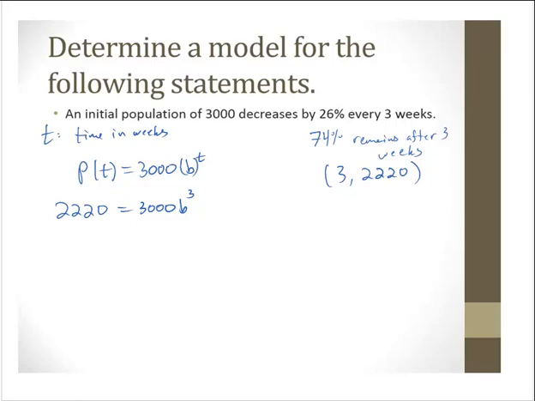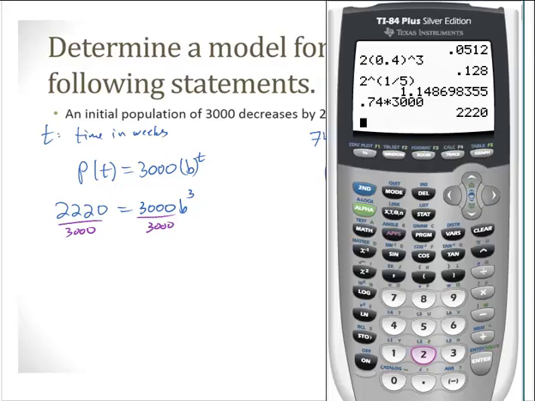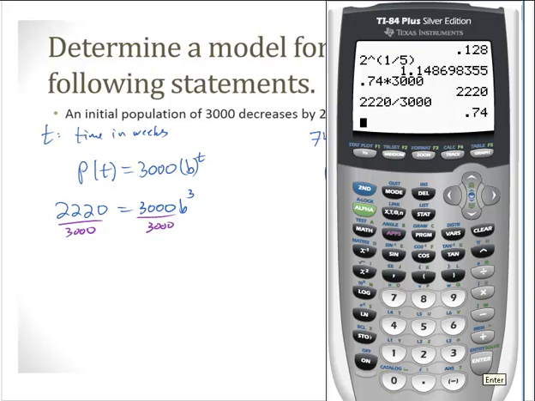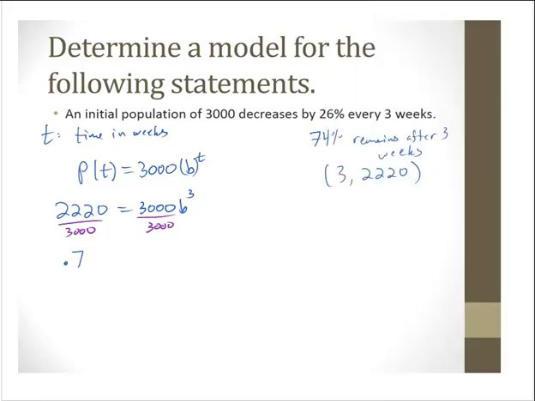We divide through by the 3,000, and that better come back with 0.74. 0.74 is b cubed. Raise both sides to the 1/3 power.